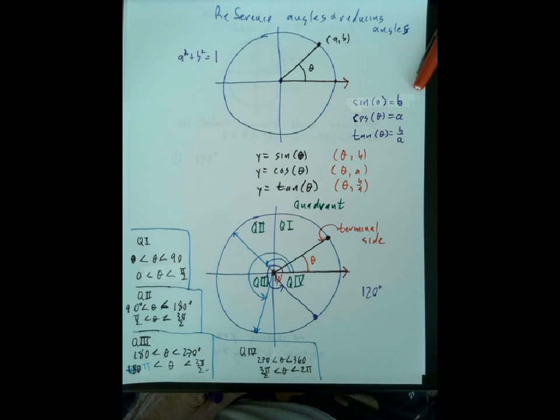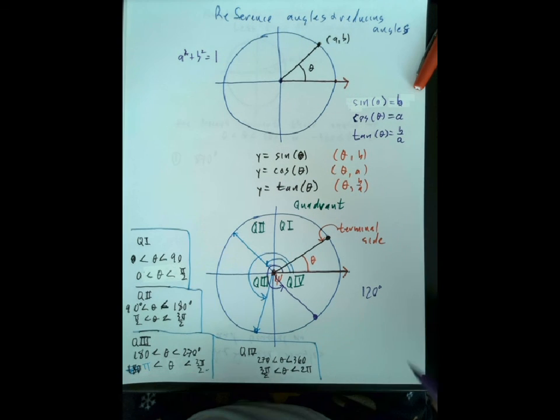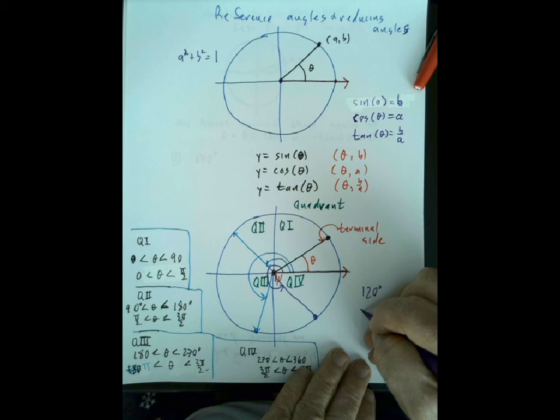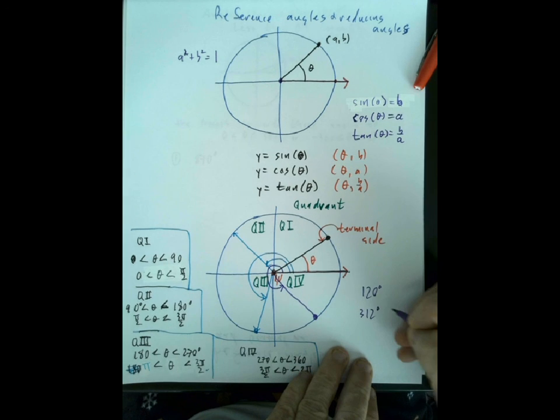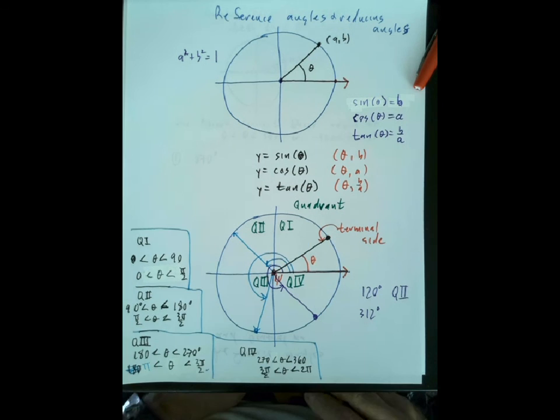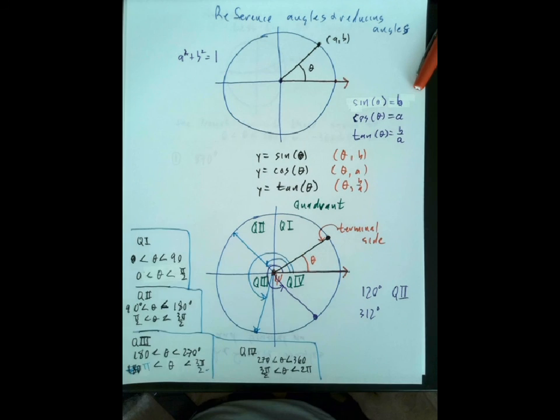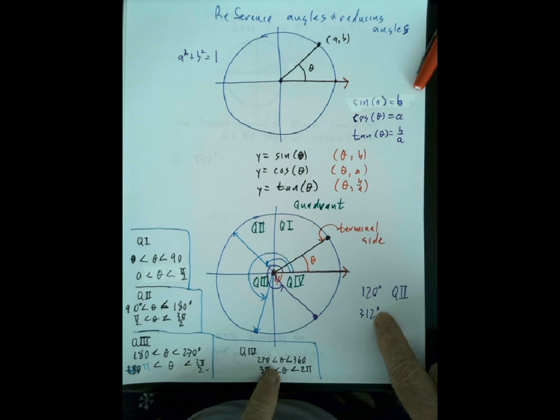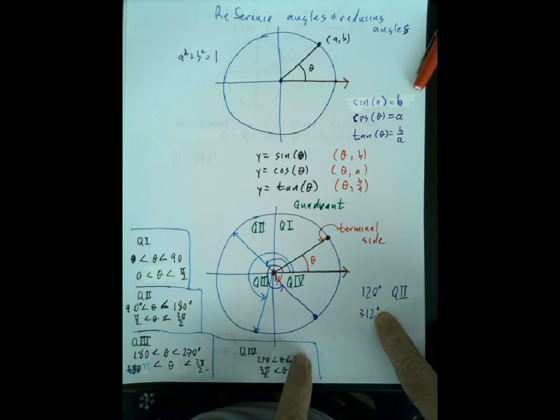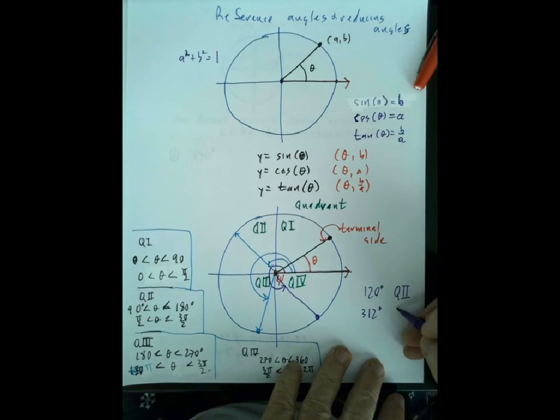Okay, so what quadrant would 312 degrees be in? Well, 312 is between 270 and 360, so that would be somewhere in Q4.